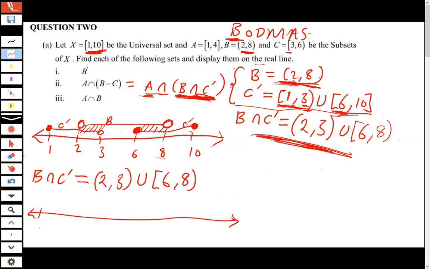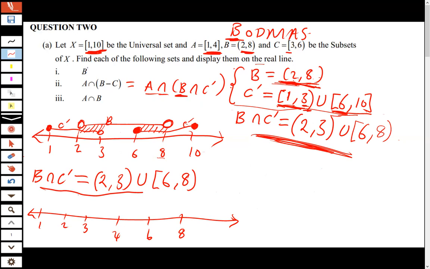We have 1, we have 2, we have 3, then we have 4, which is in A. I'm trying to look at A and this set here because we're trying to compare A and B intersection C complement. So we have 3, 4, and then we have 6, we have 8.